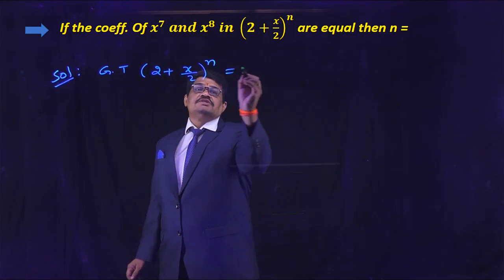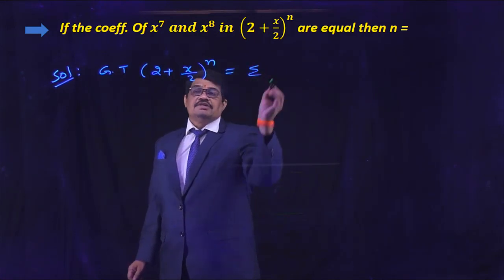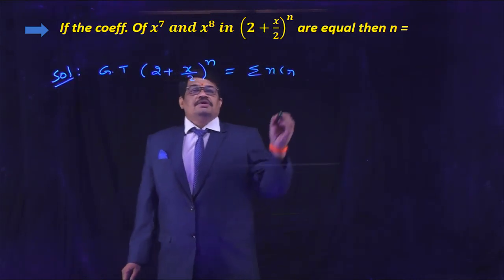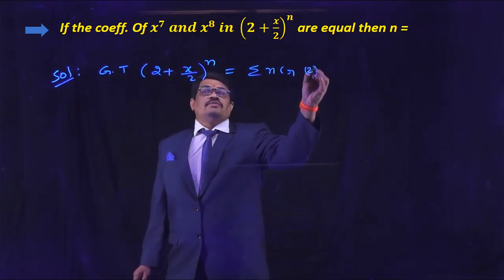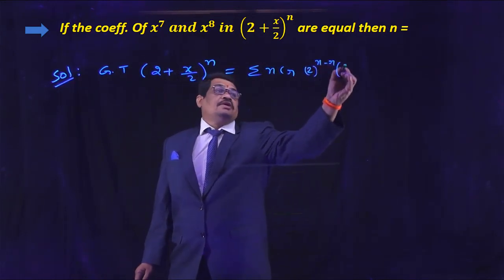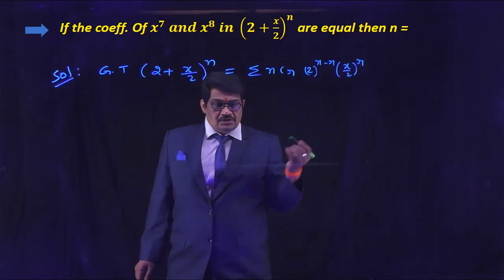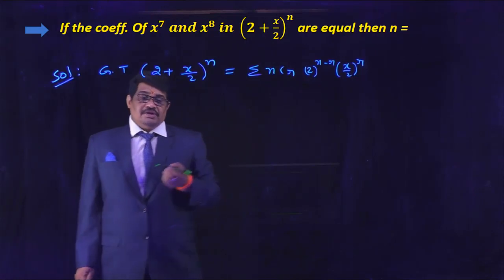This can be expressed in sigma notation, that is nCr into 2 to the power of n − r into (x/2) to the power of r. That is the expansion of the given expression.